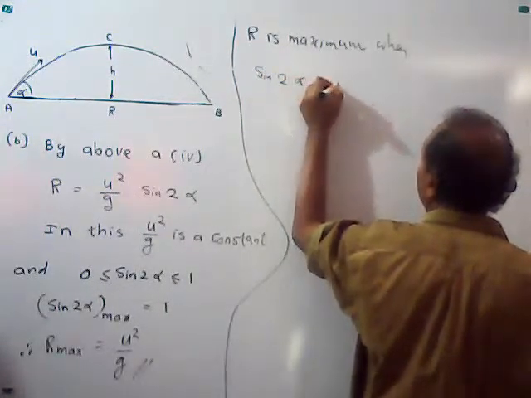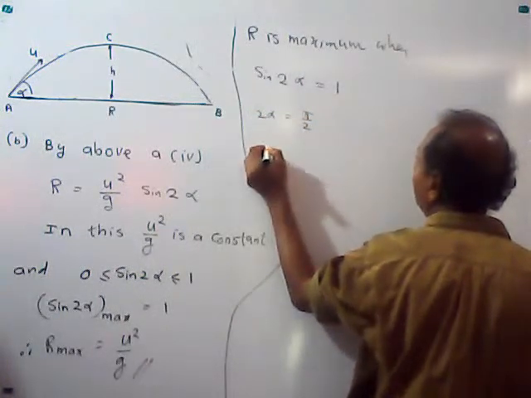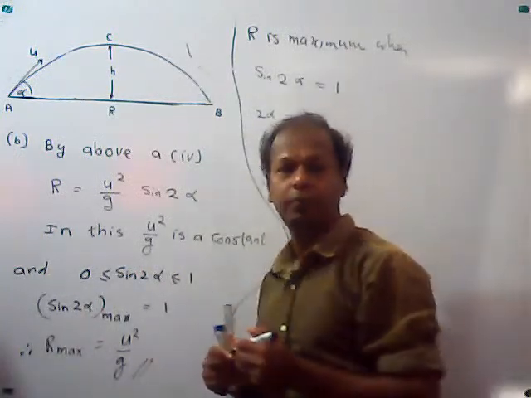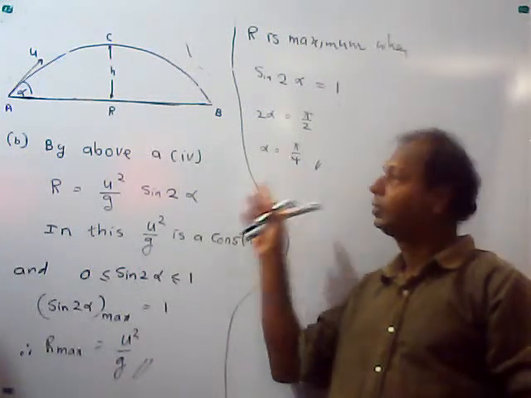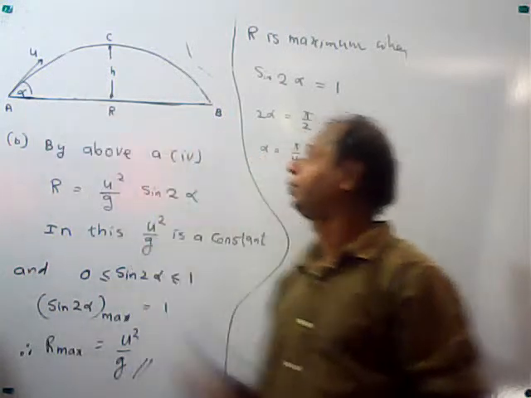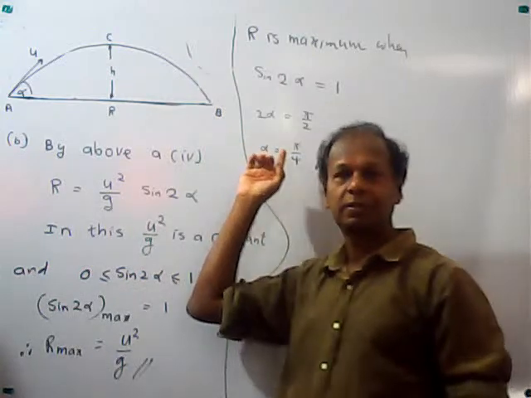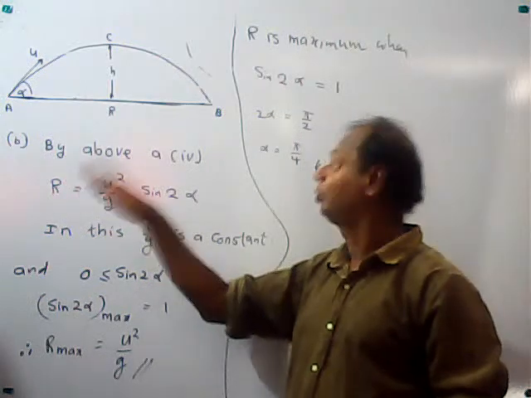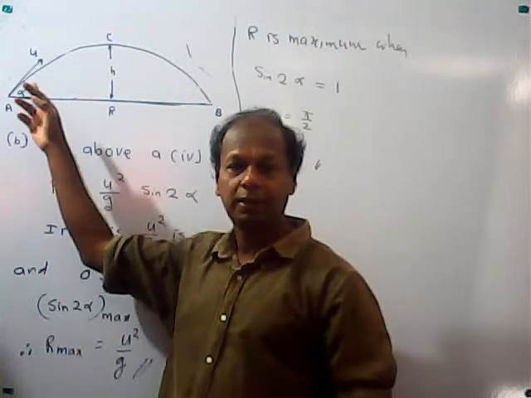That is, 2 alpha equals pi by 2, so alpha equals pi by 4. This is the angle which gives the maximum of R. So to project it to the maximum horizontal distance, you have to project it at pi by 4, a 45 degree angle, right?